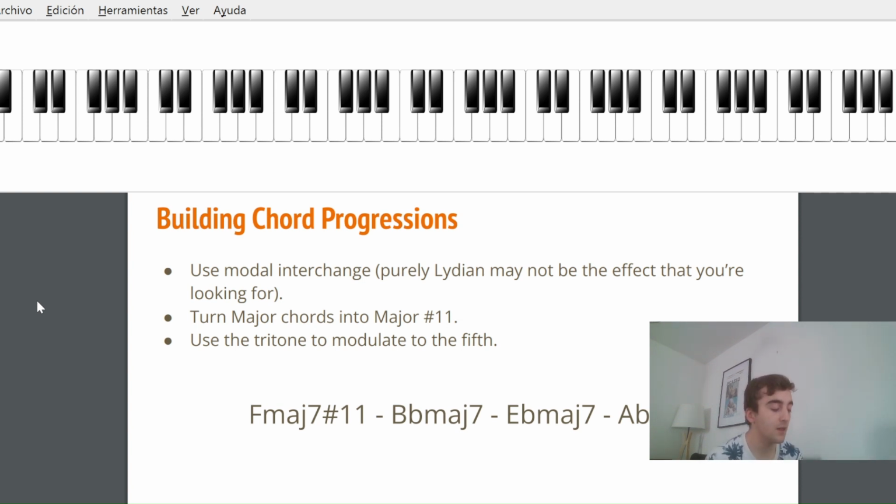What do I mean by this? Well, if you notice, we have C and F sharp, which is the tritone that we would use in G major. So you can start playing in C Lydian and change to G major whenever you want, because actually they include the same notes.